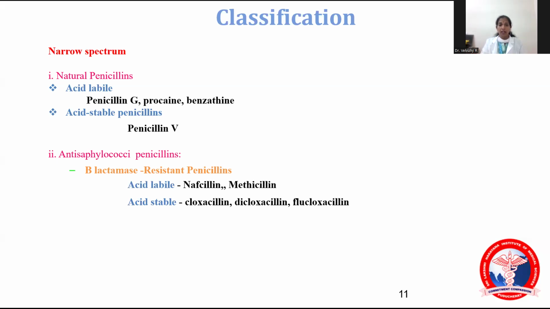Even if the bacteria have the capacity to produce beta-lactamase enzyme, these drugs have the capacity to act on those bacteria, especially staphylococcal. That is why these are called anti-staphylococcal penicillin. In anti-staphylococcal penicillin we have again acid labile and acid stable. Acid labile we have nafcillin and methicillin, and acid stable we have cloxacillin, dicloxacillin, and flucloxacillin. Here all the drugs are resistant against beta-lactamase.